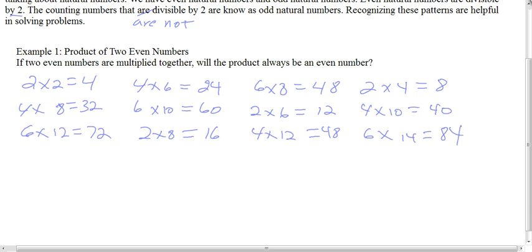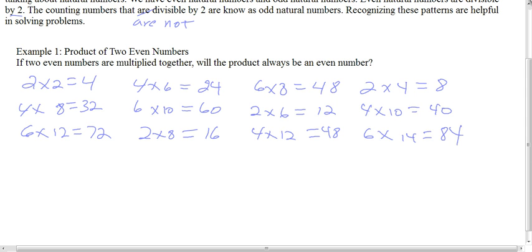So we can come to the conclusion simply by what we worked. Are these all the problems? No, but we took quite a few. Actually, we took 3, 6, 9, 12 problems.